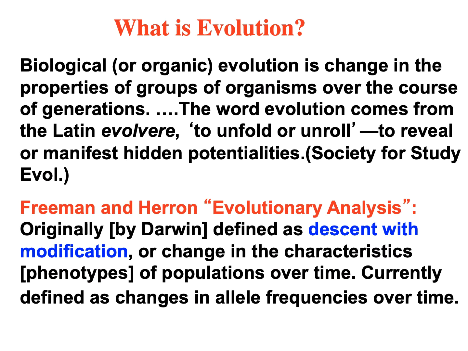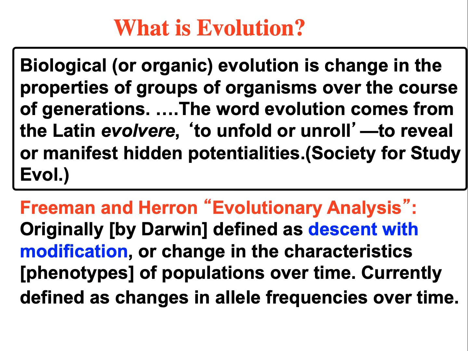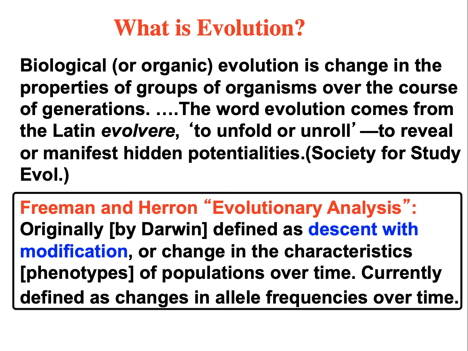Biological evolution, or organic evolution, really is the change in the properties of groups of organisms over the course of generations. The word evolution comes from a Latin word, evolvere, to unfold or unroll, to reveal the manifest hidden potentialities.